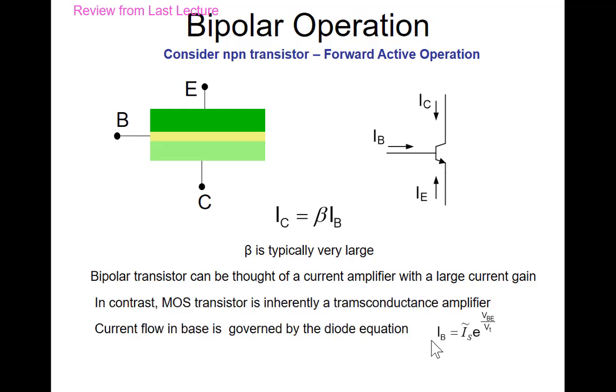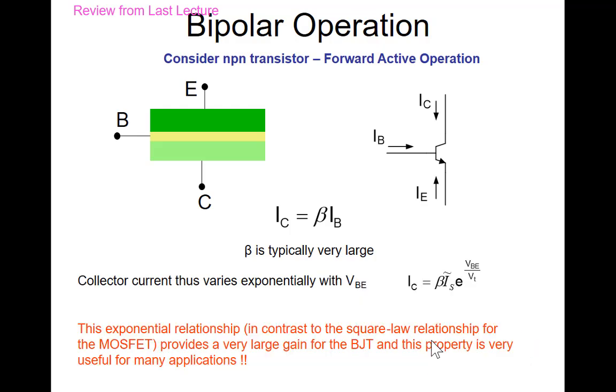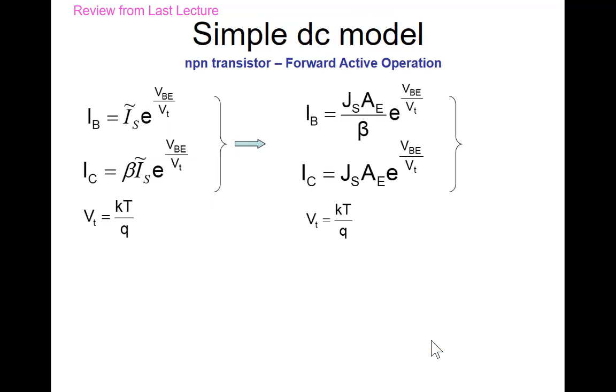We also observed that the relationship between the base current and the base emitter voltage was governed by the diode equation. So there's an exponential relationship between those parameters. And then we saw that the collector current was proportional to the base current. The proportionality factor was beta. And then we wrote down an analytical expression for the model of the transistor, but we changed parameters.